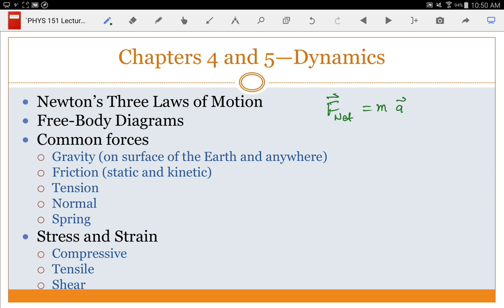Now, just for fun, we have an equation. This equation is incorrect. It's not right. Why is it incorrect? Now, this is work, so it's from a future chapter, but what is work?